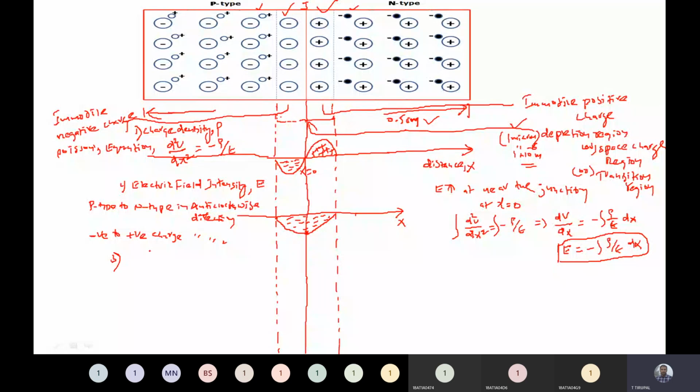Potential energy barrier for holes. Tell me, what is the energy barrier for holes? I told you just now, if this is the distance x, and here there is a hole, it moves towards the junction, but it will not cross the junction because the complete thing here is a positive charge.